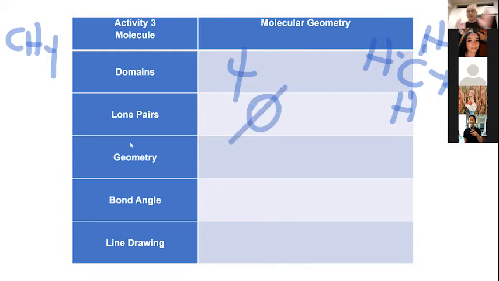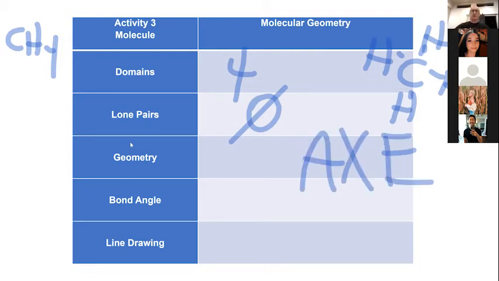So go to the table that I gave you and look that up. That would be AX4, Axe body spray. So 4 domains, 4 bonds, 0 lone pairs. You look that up, and that geometry is going to be what?